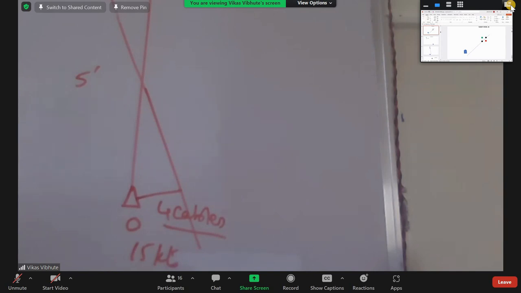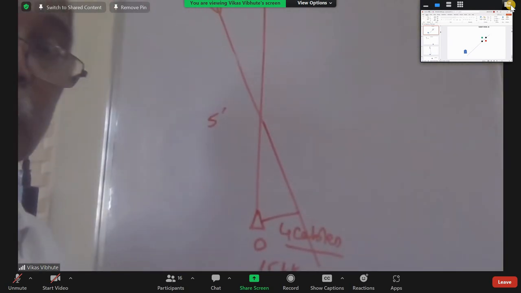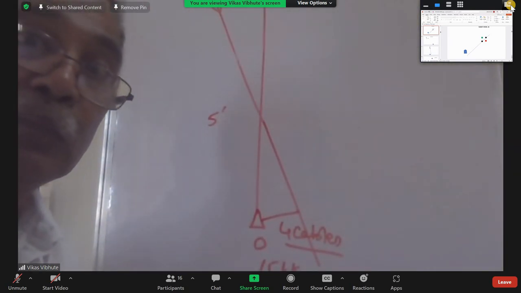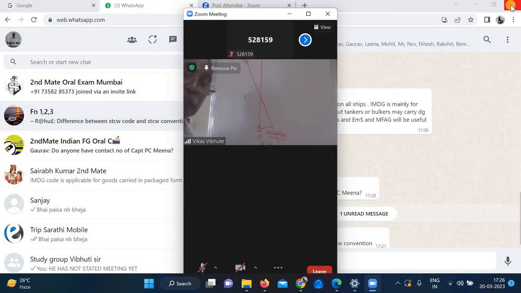Yes, sir. So it's a crossing situation, sir, right? So whose duty to keep clear? Sir, can you keep the camera lit up? Because I'm not able to see the other vessel. Now, okay, sir.